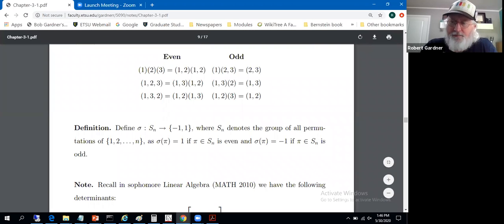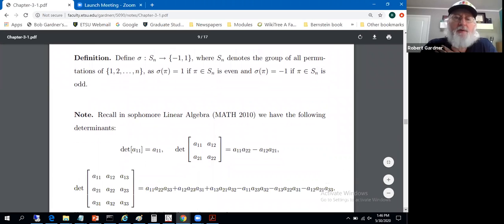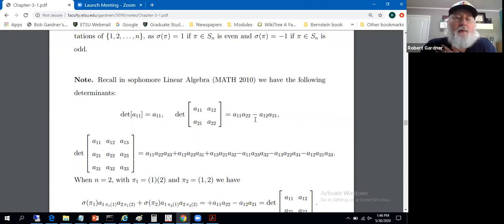You'll recall in taking determinants from sophomore linear algebra, sometimes you had positives and sometimes you had negatives. Here's a determinant of a 3 by 3 matrix. You take products of 3 things at a time, sometimes with positives and sometimes with negatives. We're getting those positives and negatives out of these even and odd permutations, out of that sigma sign mapping that we just defined.